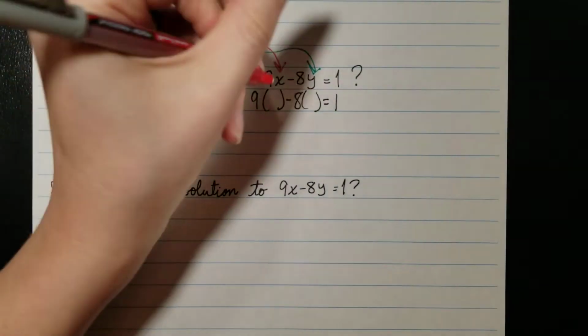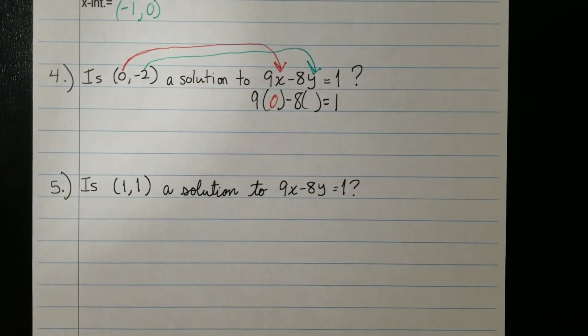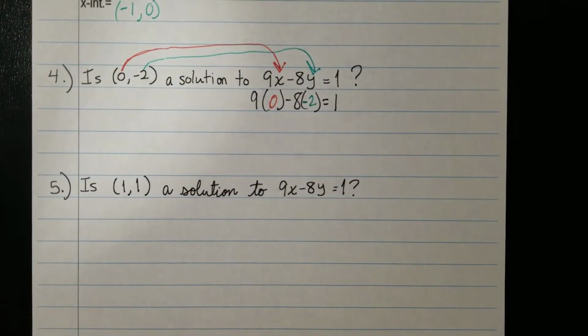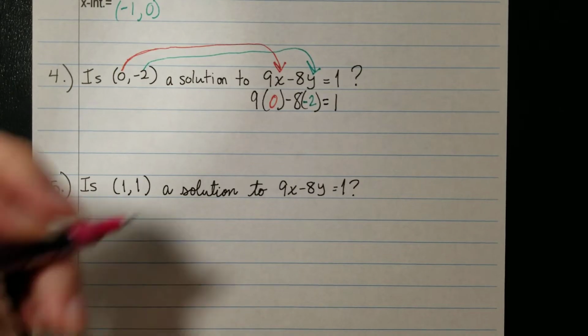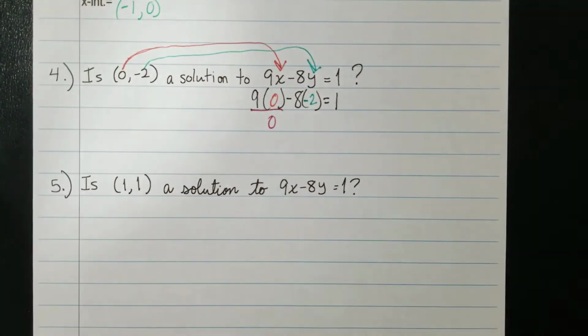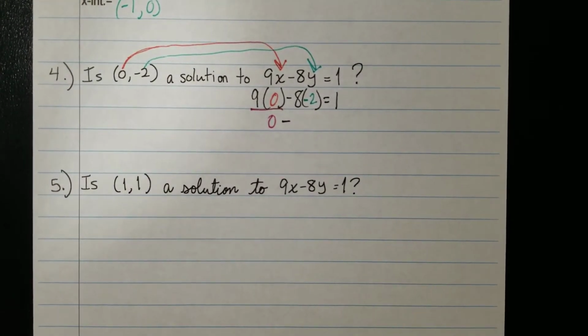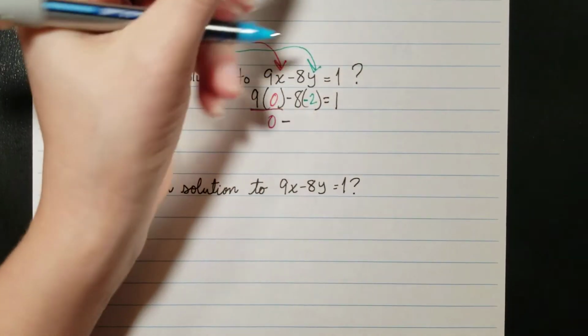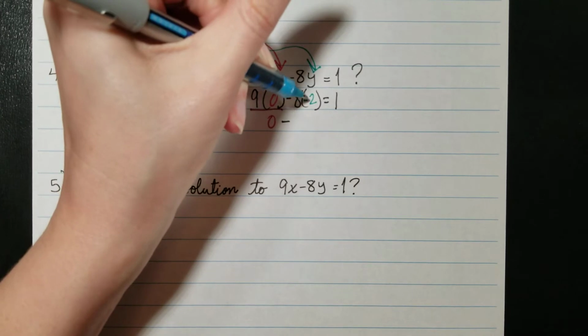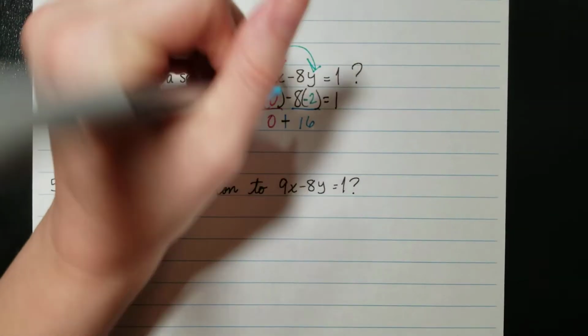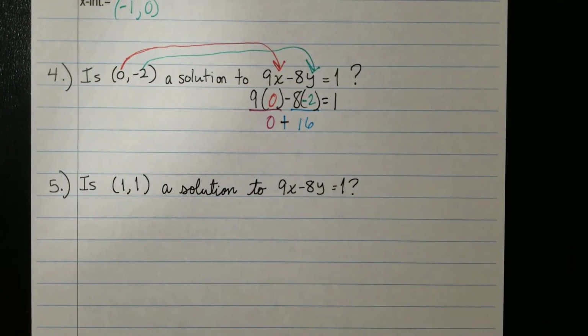So 9 times 0 minus 8 times -2. So 9 times 0 is 0 minus, and actually a minus times a negative, so that's going to make that a plus. 8 times 2, 16. So it's going to be plus 16 equals 1.